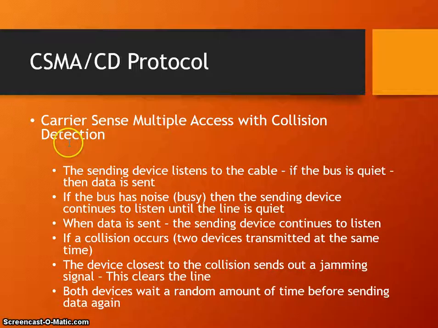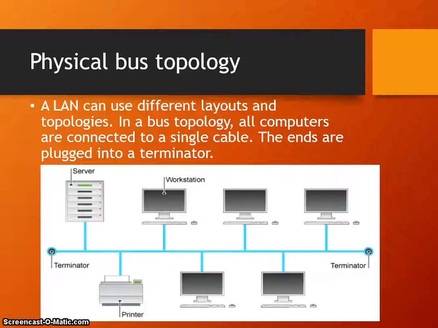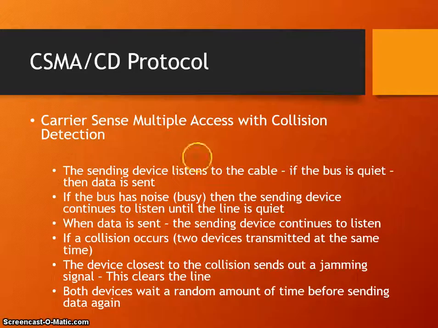It's all about how the devices use the bus. The sending device, for example this one, will listen to the bus. It listens out: is there any voltage on the cable? If there's any voltage, that means the bus is busy. So the sending device listens to the cable. If it is quiet, the data is sent.